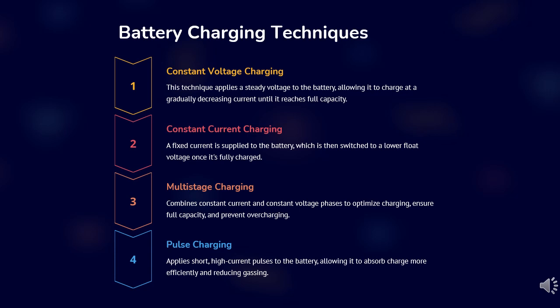This design is usually used in nickel cadmium and nickel metal hydride cells or batteries. Multi-stage charging. Combine constant current and constant voltage phases to optimize charging, ensure full capacity, and prevent overcharging.